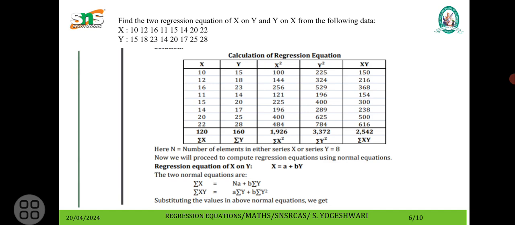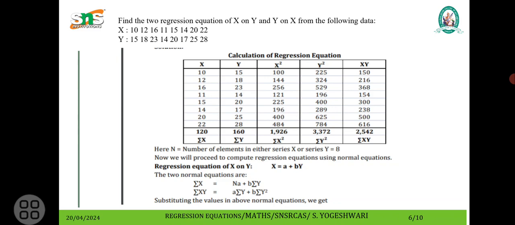These values are given below. We add the separate columns: summation x, summation y, summation x square, summation y square, and summation xy. Here n is equal to the number of elements in either series x or series y, equal to 8.